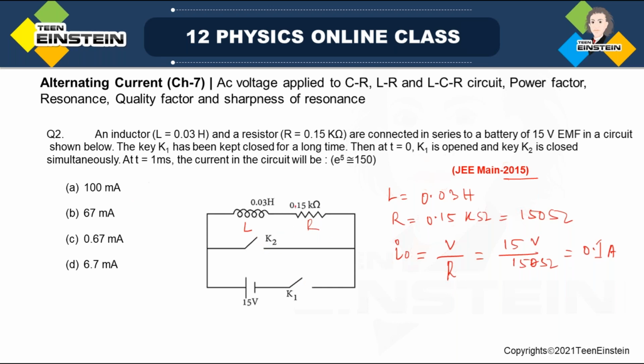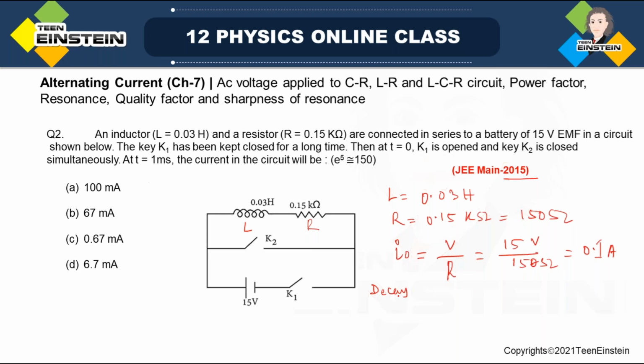So now the current will be decreasing exponentially in the LR circuit. Since it is done simultaneously, there will be a variation of current. So what is the decay of current in a series LR circuit?